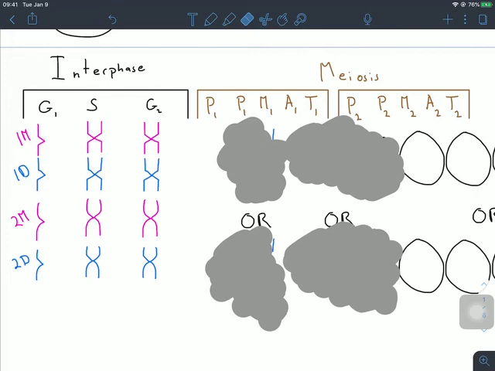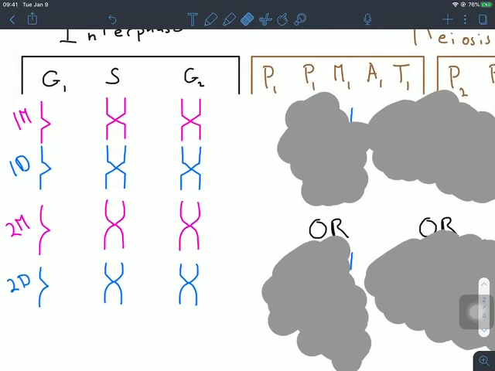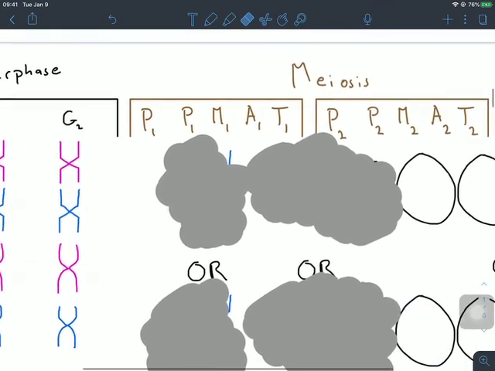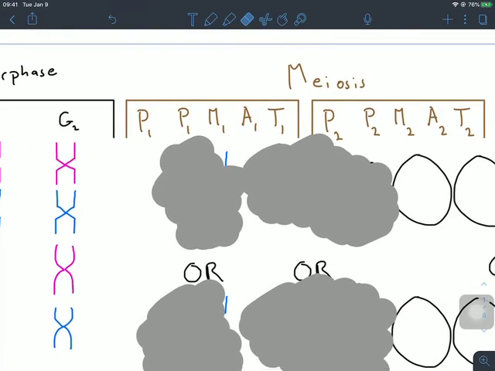Homologous chromosomes made up of two sister chromatids will be what we're tracking when we get into the two different steps of meiosis. Now, meiosis has a prophase 1, prometaphase 1, metaphase 1, anaphase 1, and telophase 1.